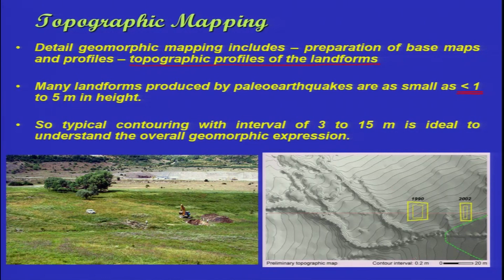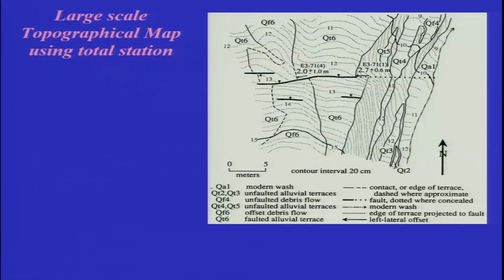So you can have such maps with high resolution contours which can help you in demarcating the landforms which you will be unable to mark using high resolution satellite photos. So topographic mapping in the field is extremely important, and there is another map from the US with a contour interval of 20 centimeters, which helped in identifying the displacement of the terraces.